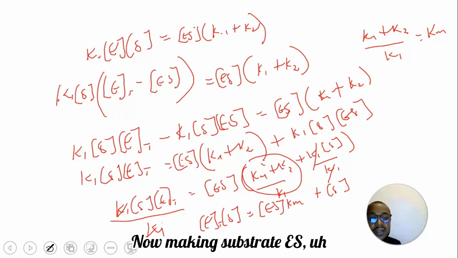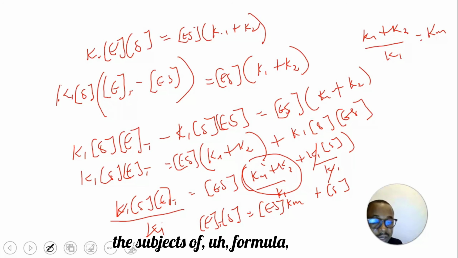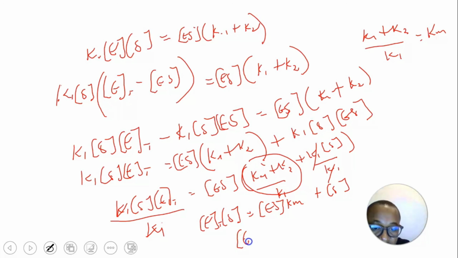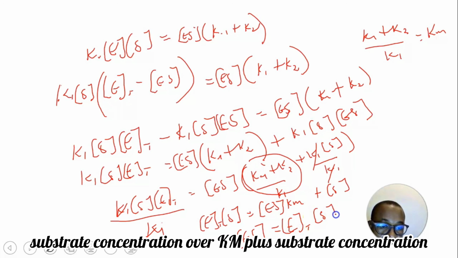Now making ES the subject of formula, we have ES is equal to total enzyme times substrate concentration over Km plus substrate concentration.